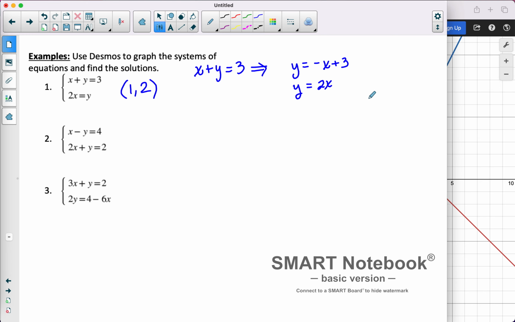And we would have to graph both of these on a coordinate plane. That would mean I need to use the slope and y-intercept to graph that one line that's going down, and then the other line going up, and we would find when they intersect. And it should be at that point 1, 2. So go ahead and pause the video and find the solutions for 2 and 3.